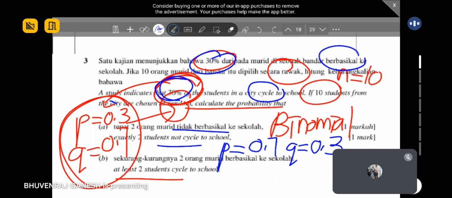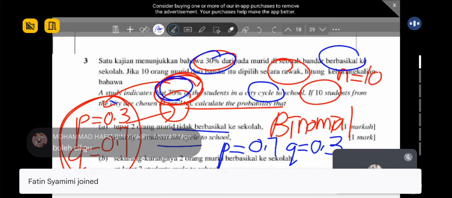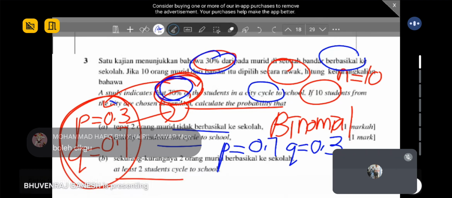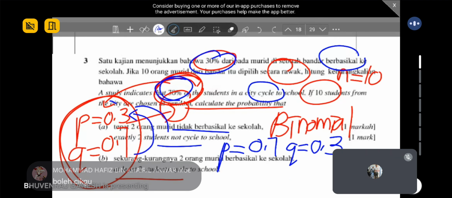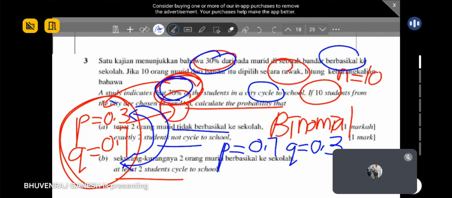So, dia kata tidak. Tidak tu maksudnya kegagalan dah. Boleh faham tak? Whenever you see the word no, it means failure. Okay, it's negative. Dia adalah pernyataan negatif. That's why nilai ni dia kena tukar. You must switch the value p and q. Hanya untuk soalan A lah. Only for A question. So you guys just need to read the question carefully. Okay, baca soalan betul-betul.